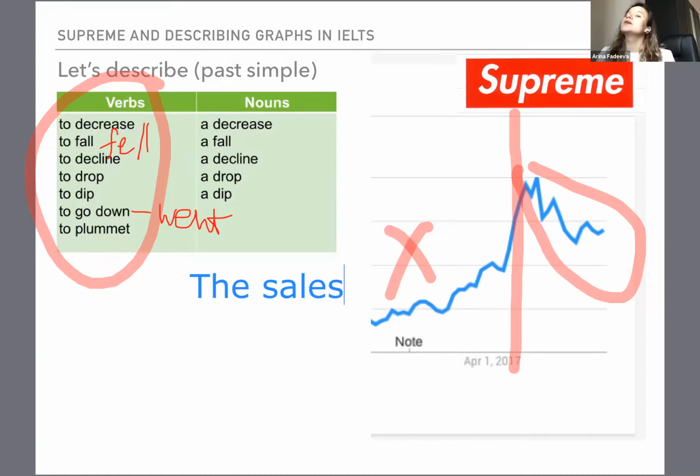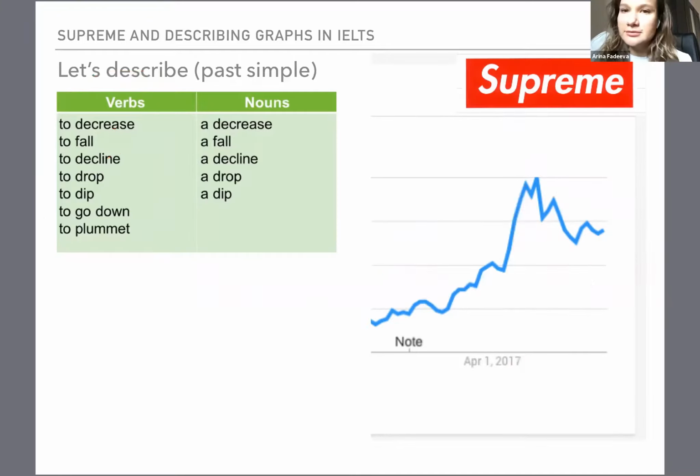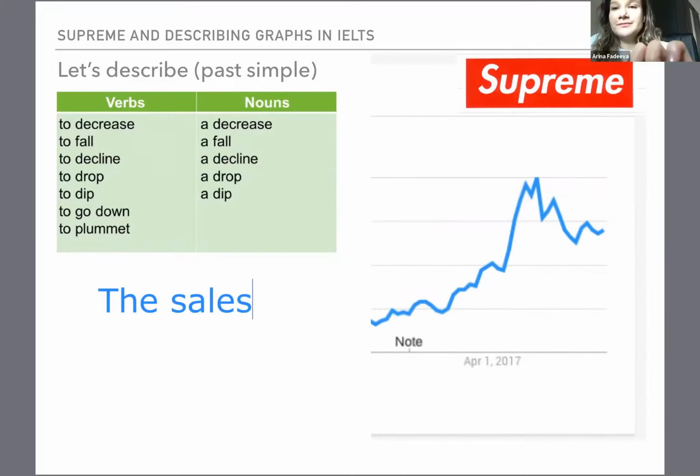Here we are comparing sales, for example. So these sales declined. I would say declined. Sorry, I need to move this, but I don't know how. Once again, the sales declined.